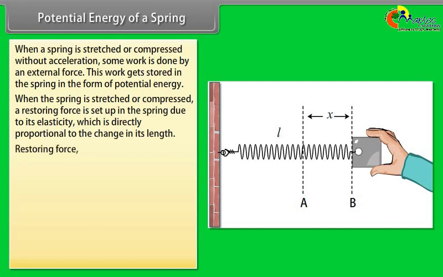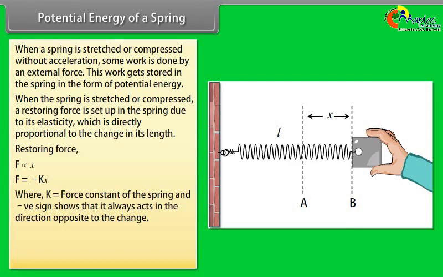Restoring force is given by F ∝ x, F = -kx, where k is the force constant of the spring and the negative sign shows that it always acts in the direction opposite to the change.